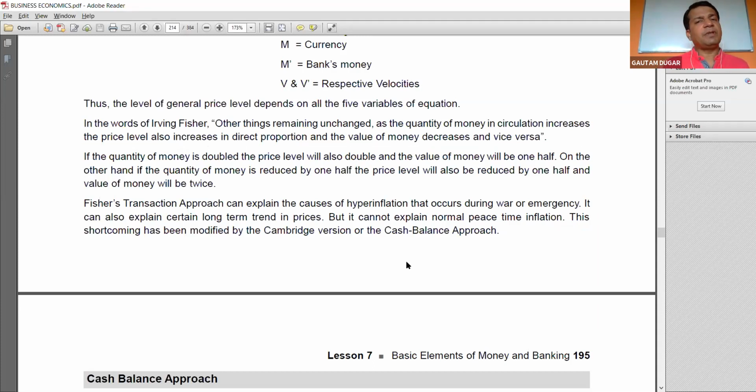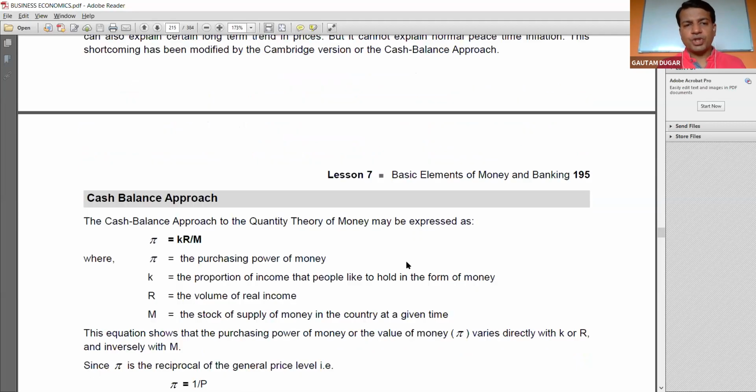In every budget, we have a deficit, and to finance that deficit, we follow the path of deficit financing. So year by year, the money supply is increasing in the economy, and year by year, we're having inflation. When there's a rise in prices, that's called inflation. So Fisher's theory explains basically this portion.